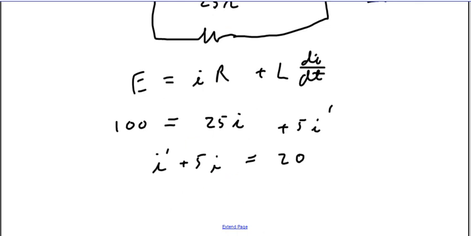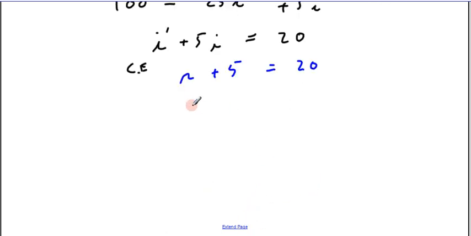Okay, now to solve, I have a characteristic equation: r squared, r plus 5 is equal to 20. But we need the characteristic equation of the homogeneous equation. Okay, so r is equal to minus 5. So i sub c is c1 e to the minus 5t.